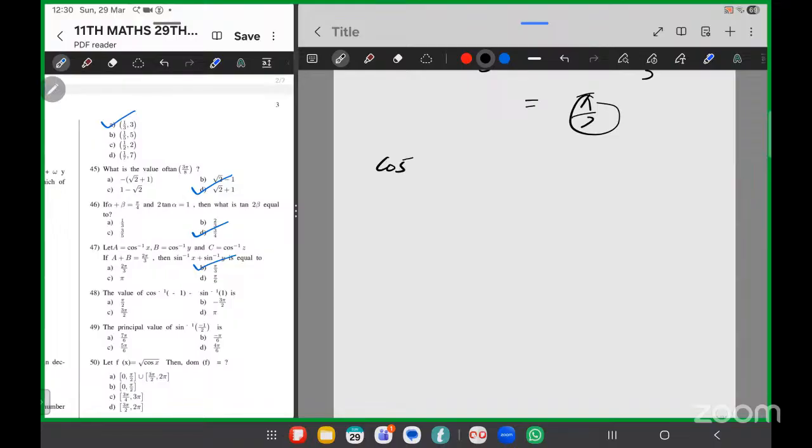Cos inverse of minus x formula will be pi minus cos inverse x. Sin inverse 1 is sin inverse 1 only.